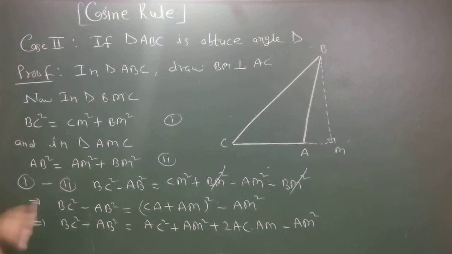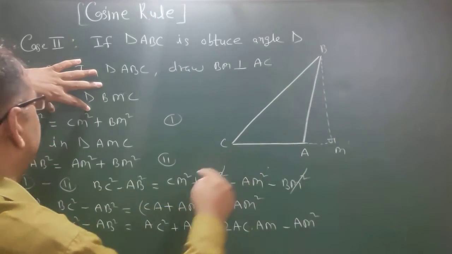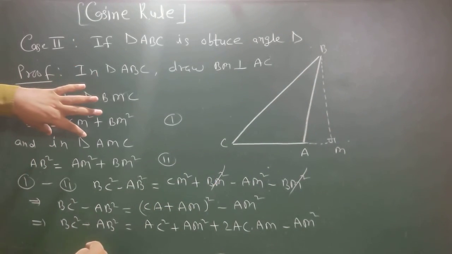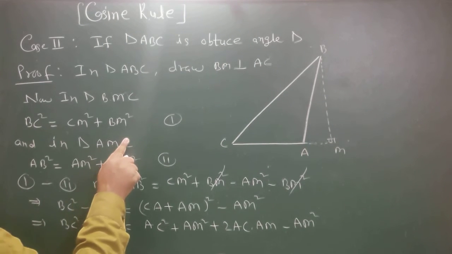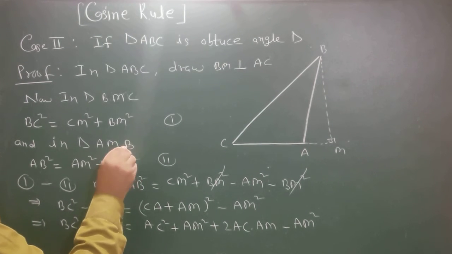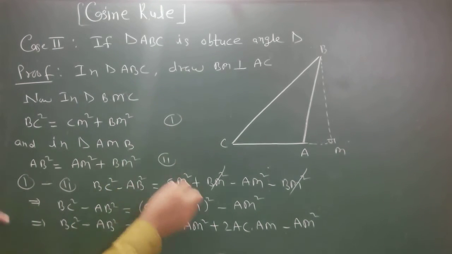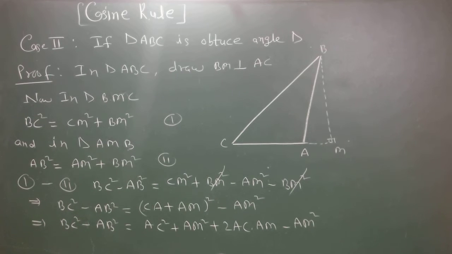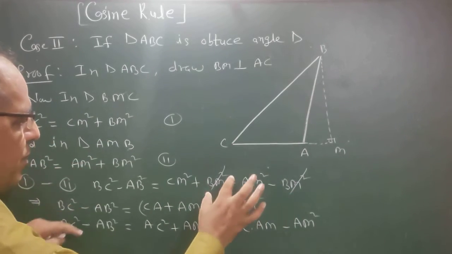So first apply the Pythagoras theorem in triangle BMC and again apply the Pythagoras theorem in triangle AMB. So now AB square equal to AM square plus BM square. Subtract second from the equation first. After applying this, we have BC square minus AB square equal to CM square plus BM square minus AM square minus BM square.